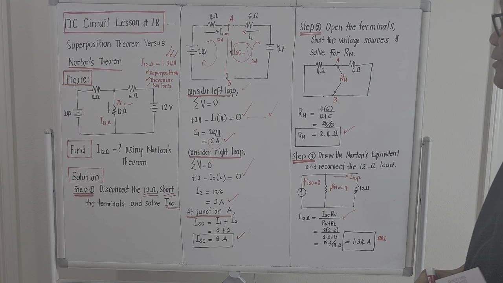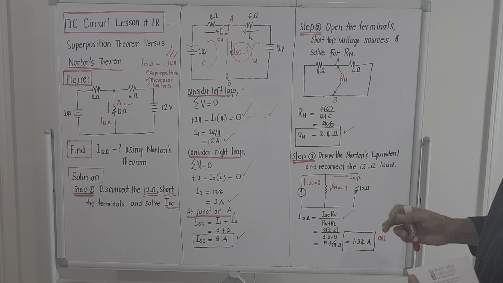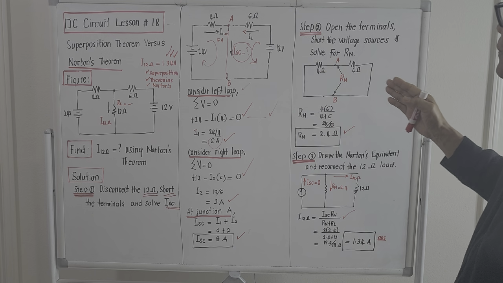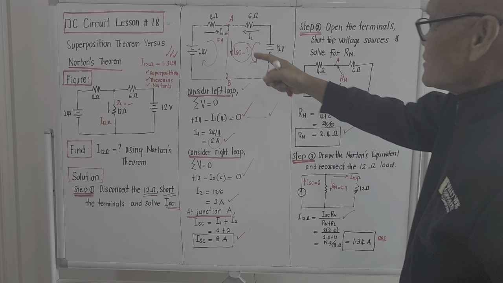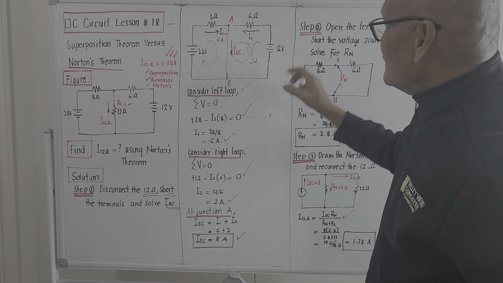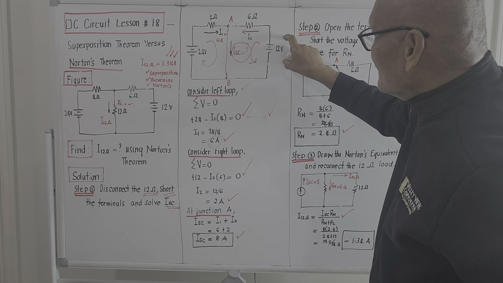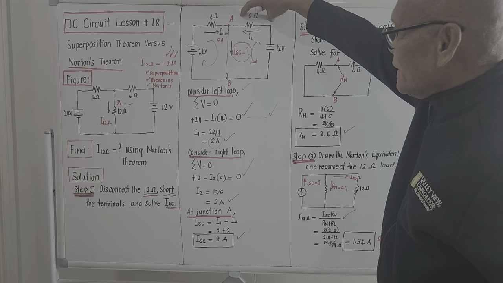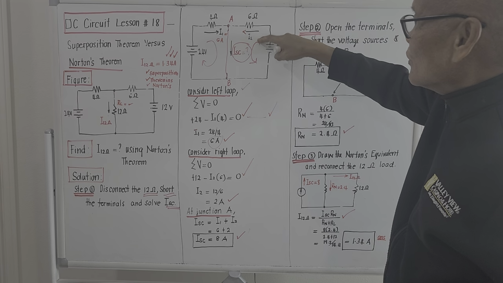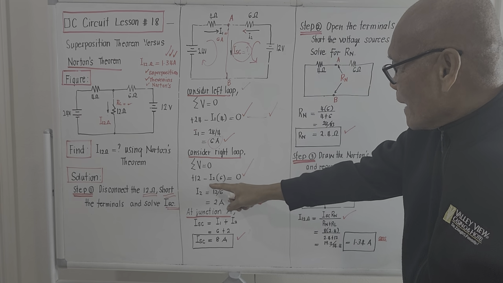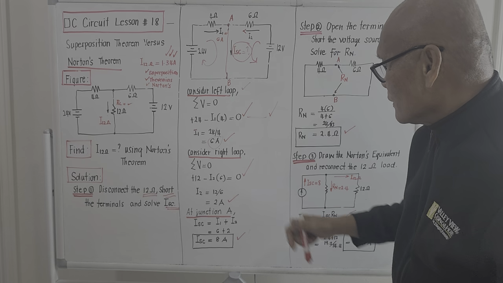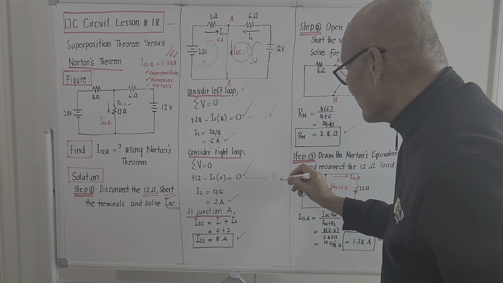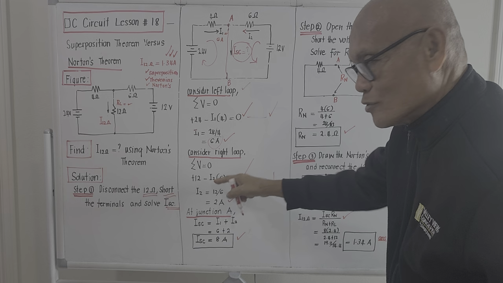There are only two things to be added on the right loop, because we assume that the resistance of the connecting wire is 0. So this is plus 12 minus the voltage drop here, and the voltage drop will be the unknown current I sub 2 multiplied by 6, and this should be equal to 0. Again, we have a linear equation with only one unknown, I sub 2.